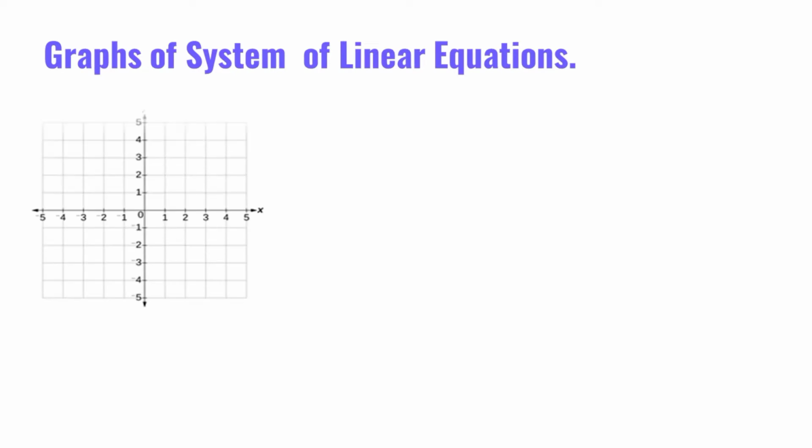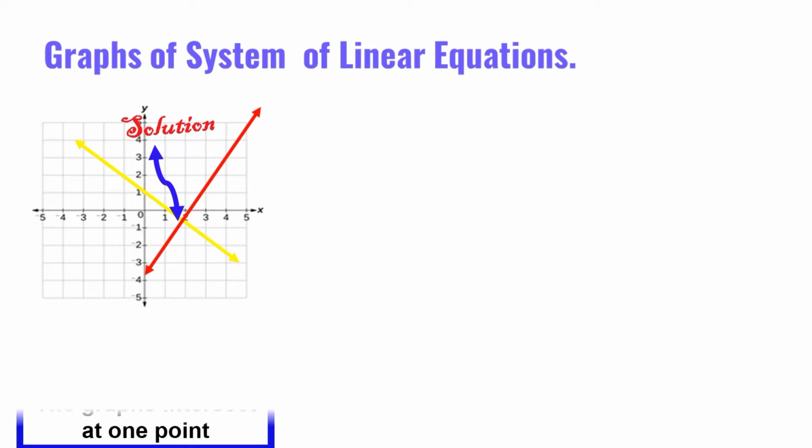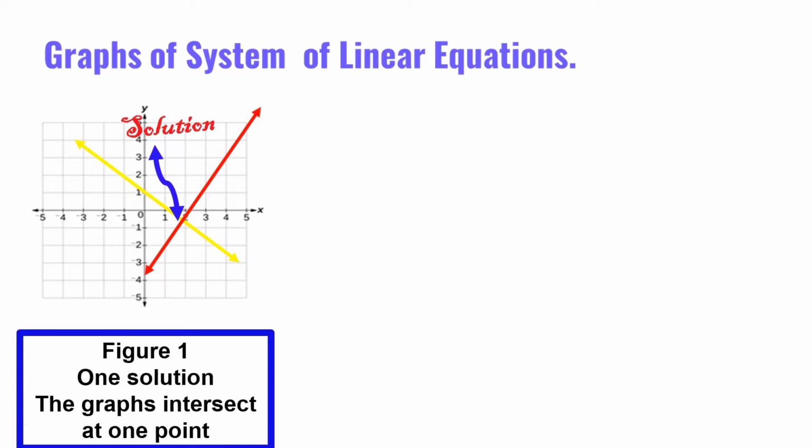Take a look at this figure. For figure 1, we have what we call intersecting lines. The point of intersection is what we call the solution set. The graphs intersect at one point, and there is one solution.